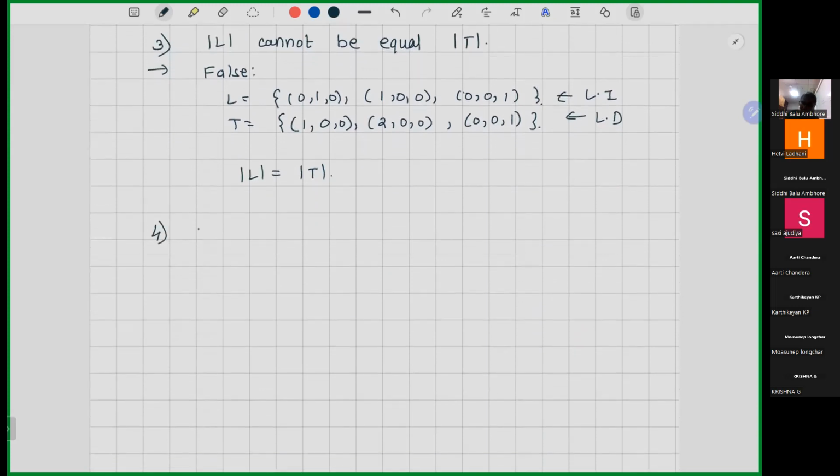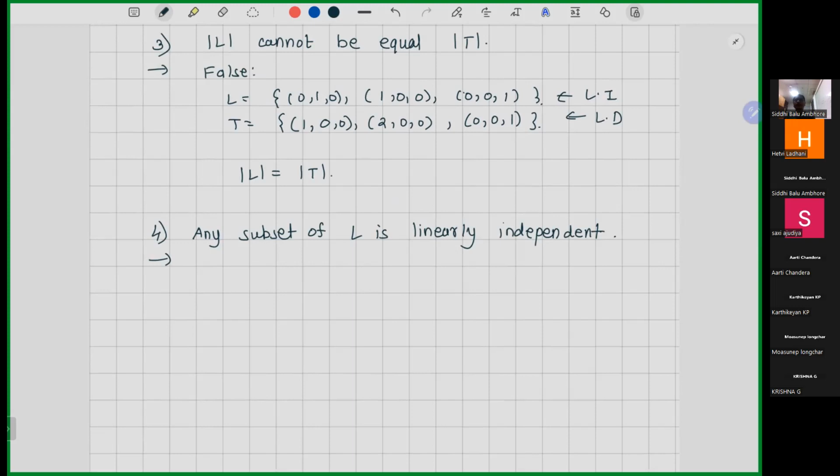And fourth, any subset of L is linearly independent. Okay, now they are not comparing this L with T. They are just saying that L is a linearly independent set, and they are asking whether any subset of a linearly independent set is linearly independent or not.